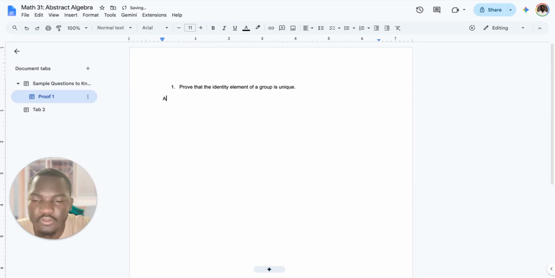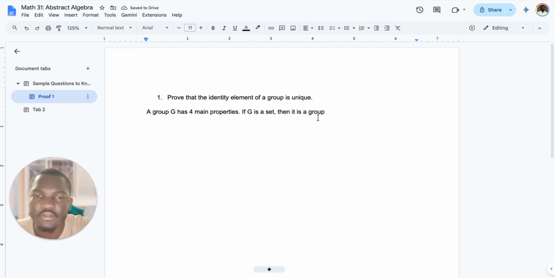At this point, a group G has 4 main properties, right? If G satisfies all of these, then it is a group.